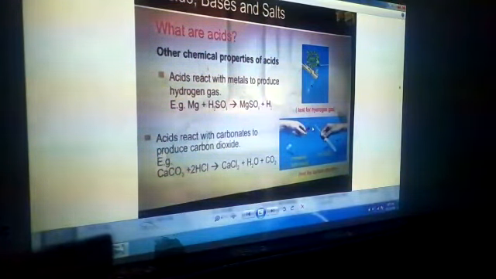We can test the CO2 when we take a burning matchstick near the mouth of this test tube. The matchstick becomes extinguished because CO2 is a fire extinguishing gas.